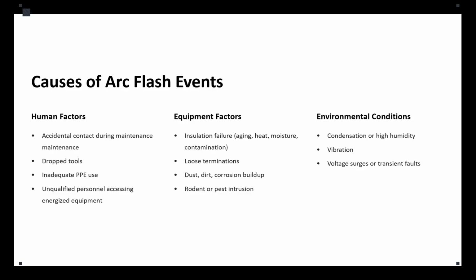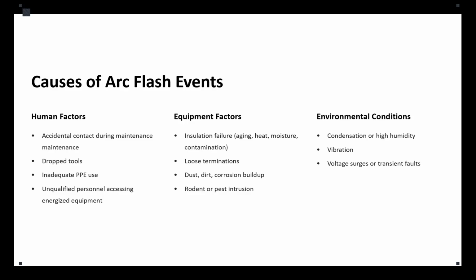Now, another aspect of human factors in arc flash events is unqualified personnel having access to energized equipment. When people without proper training or certification attempt to open energized enclosures and gear, the risk rises exponentially.